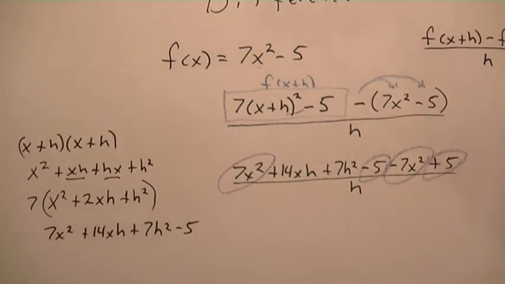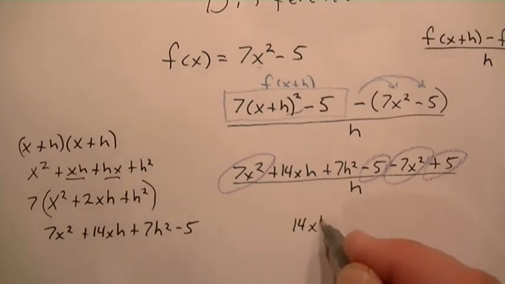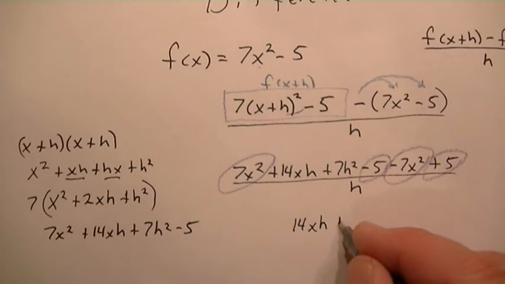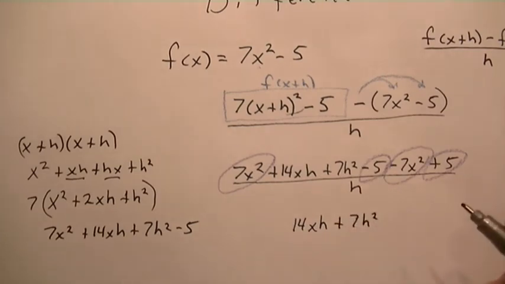Okay? So let's go ahead and write this, and then we'll take it one more step at least. So now we're down to 14xh plus 7h squared all over h.